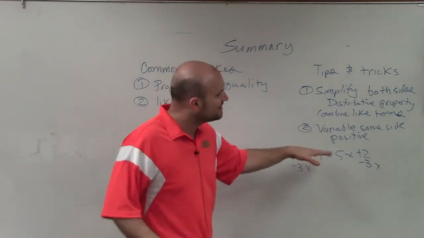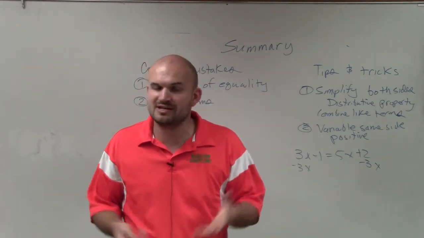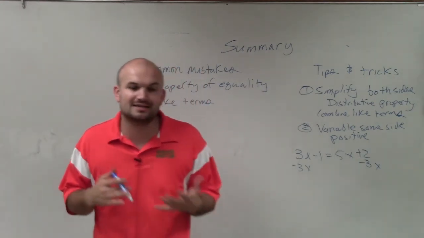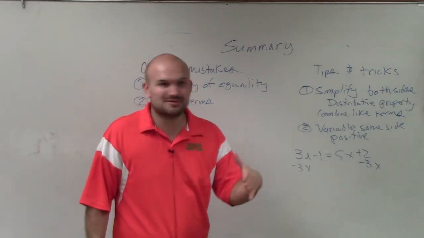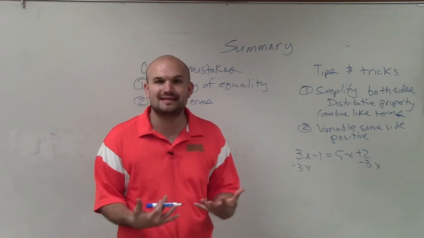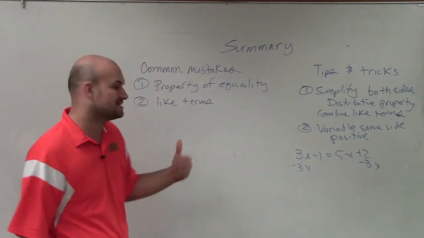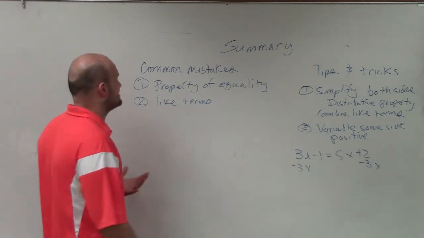No. They're not like terms. That goes all the way back to multi-step equations. You have to make sure when you're combining like terms that they're like terms, all right? The x's and numbers, or x's and y's and numbers, we can't combine them using addition and subtraction. So those are some of my common mistakes.